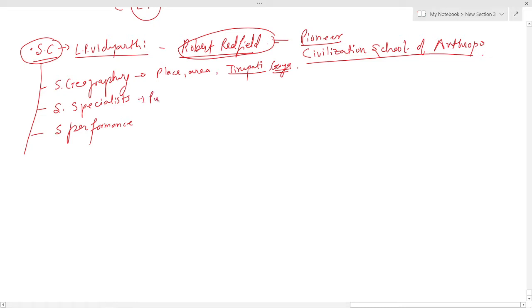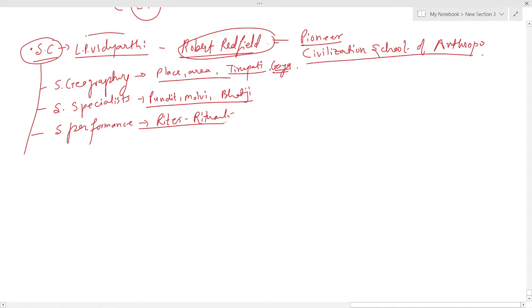Specialist means Pandit, Maulavi, and various types of Bhadji, for example, that will come under sacred specialist. Performances are basically rites and rituals, so rites and rituals will come under sacred performance. So this is the basics of sacred complex.